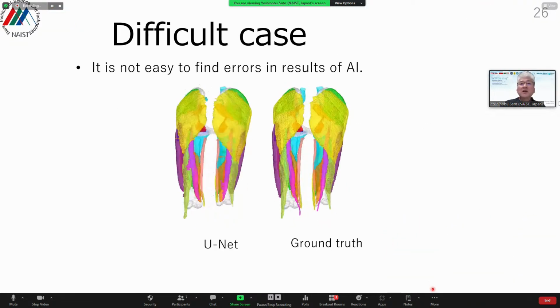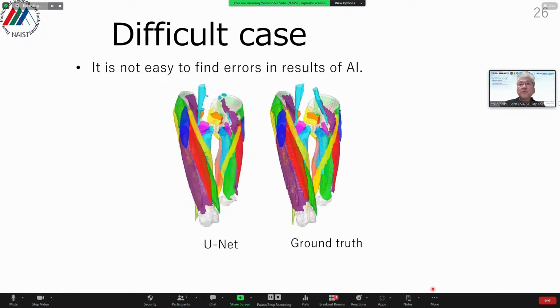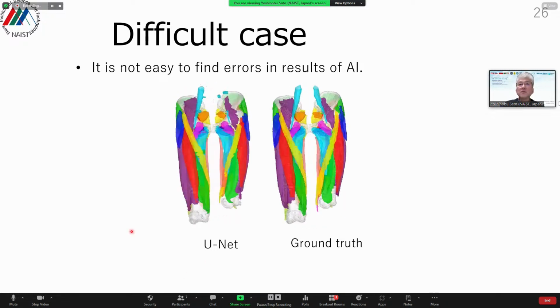Again, this is the deep learning result, and this is the ground truth. Could you try to find what kind of mistakes the UNet deep learning made? Maybe you find this one is missing in deep learning compared with ground truth.